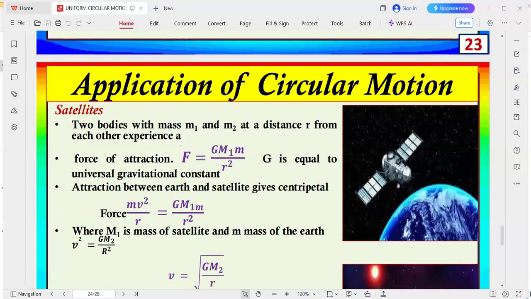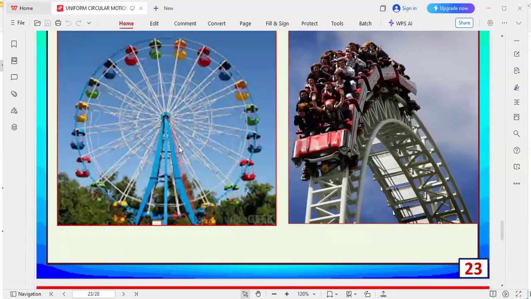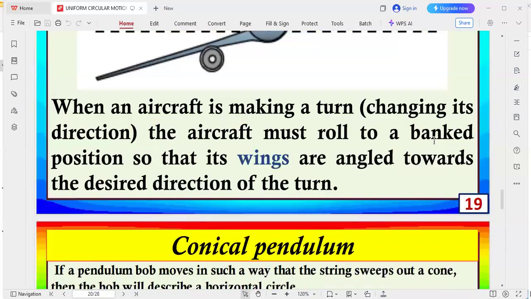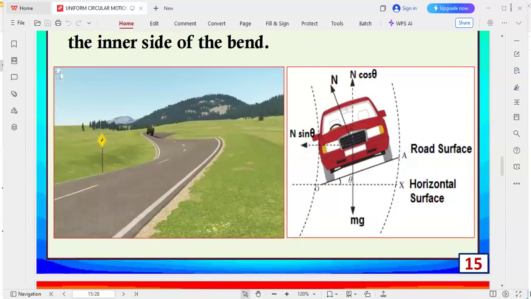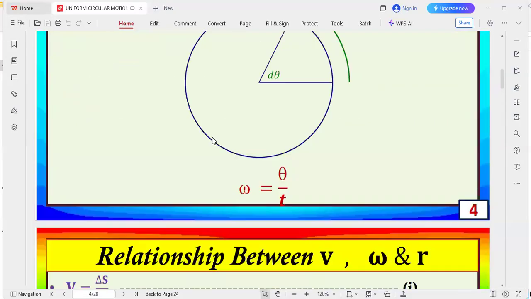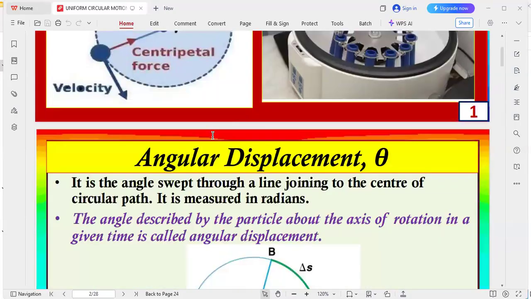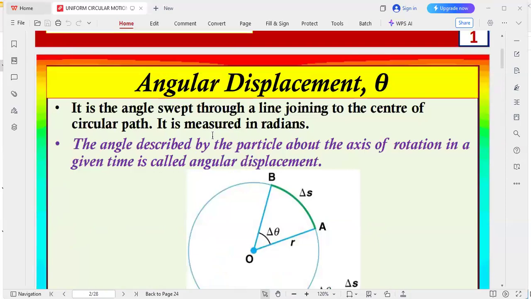In the previous lesson, we learned about some terms, which I want us to remind ourselves of quickly, then we proceed from there. We learned about angular displacement, and we said that it's the angle described at the center of a circular path, denoted by theta, which is given by S/R.